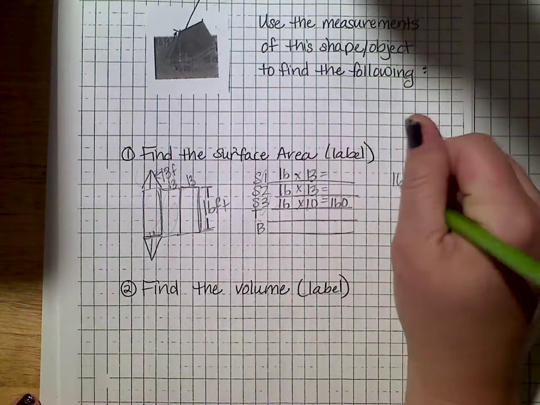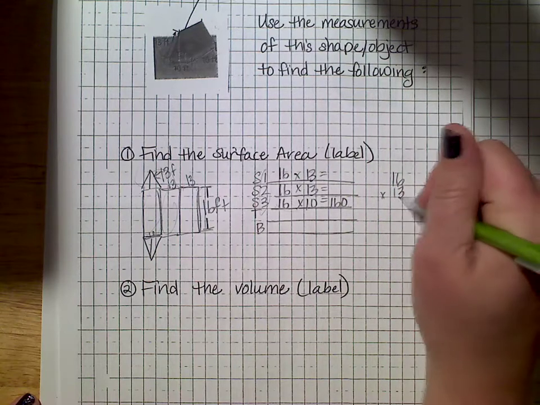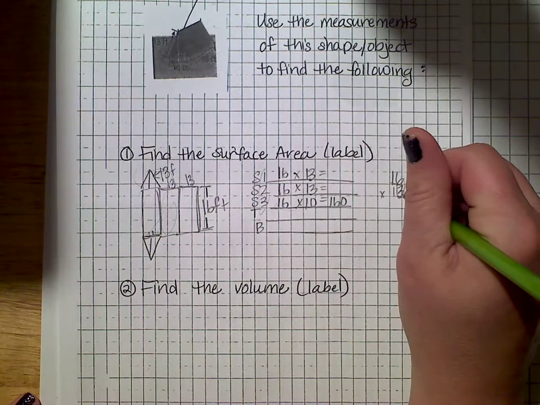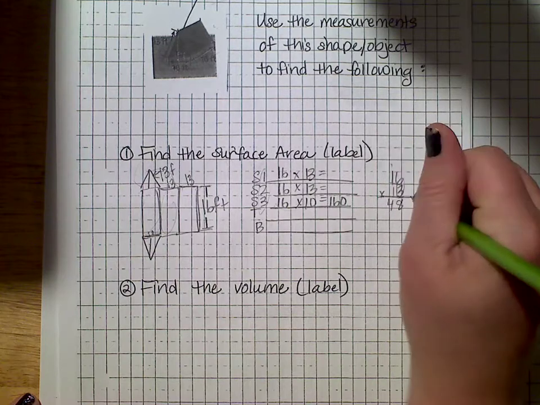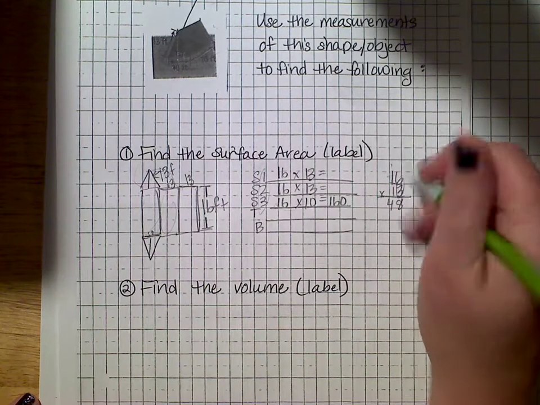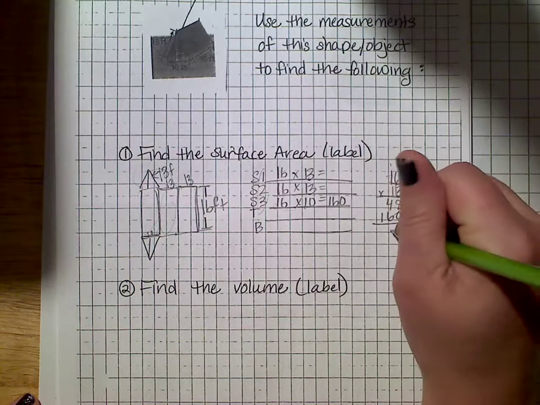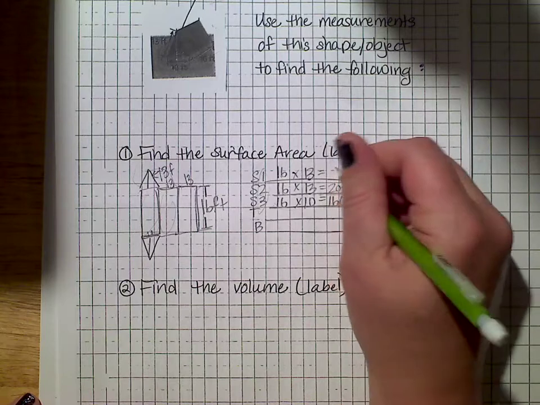So 16 times 13, 16 times 3 is, 3 times 6 is 18, carry your 1, so 48. And then 10 times 16 is 160. So 208. And I get to write that twice.